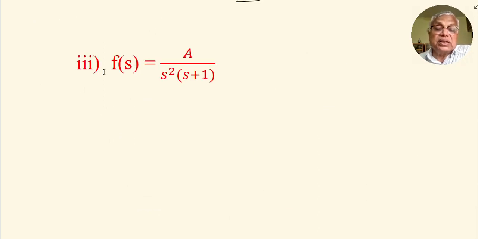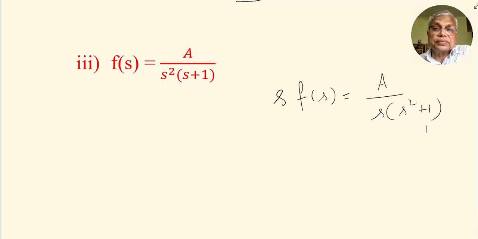So let us take another function, the third one, F(s) equals a divided by s square into s plus 1. Here s into F(s) equals a by s into s square plus 1. Does it become infinity? Yes.